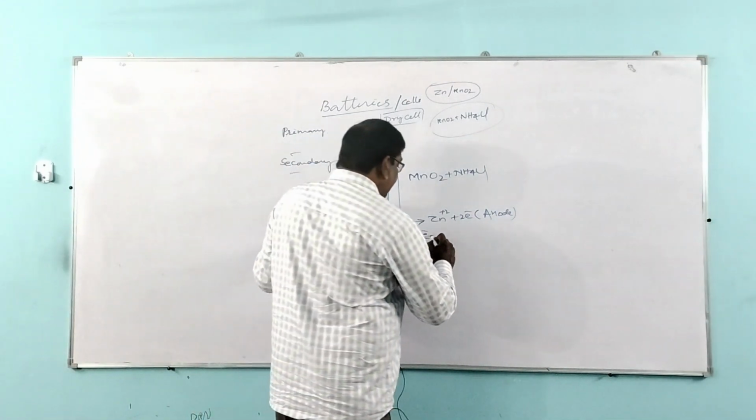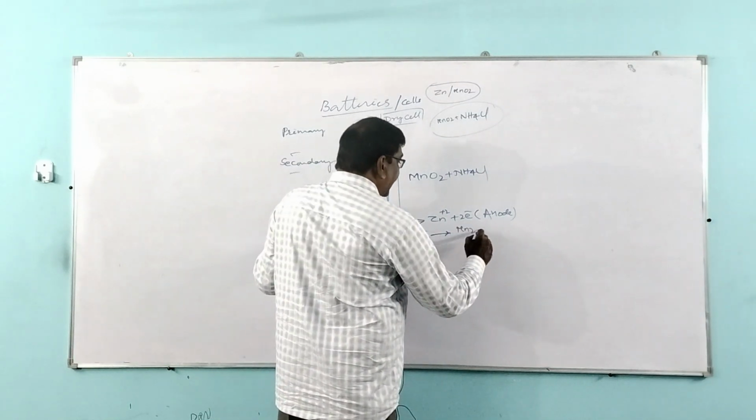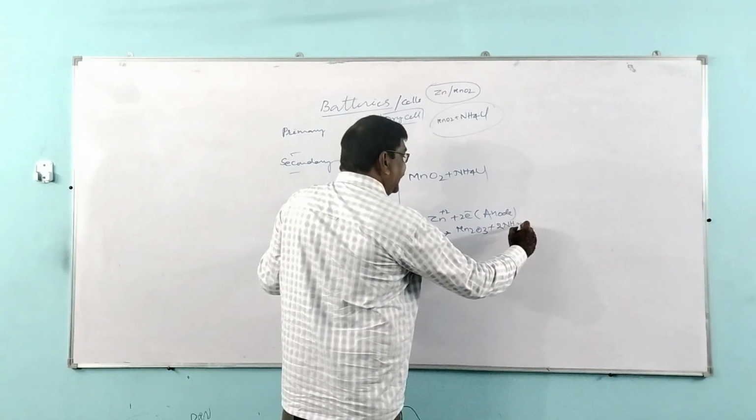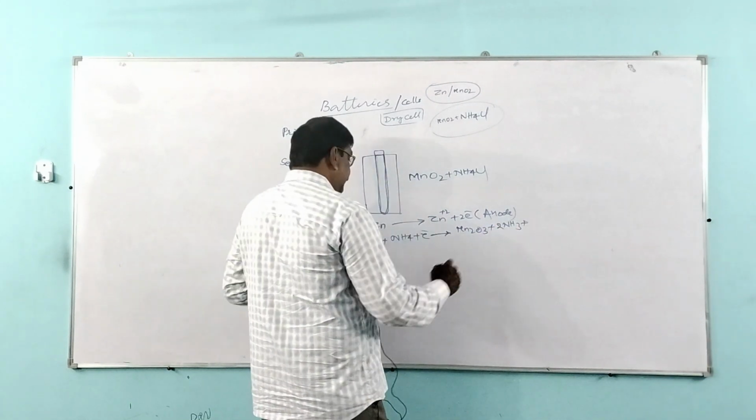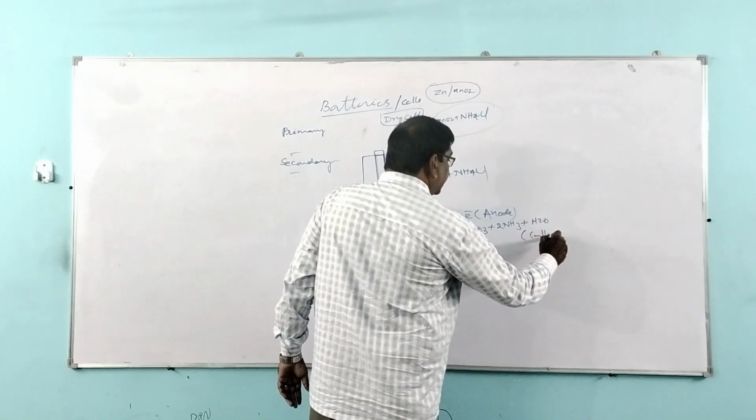The reaction is Mn2O3 plus 2NH3 plus H2. This is the cathode reaction.